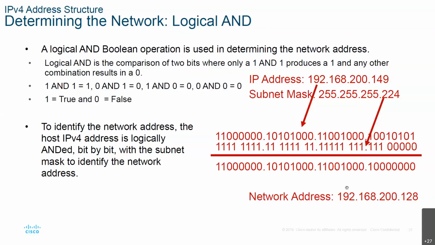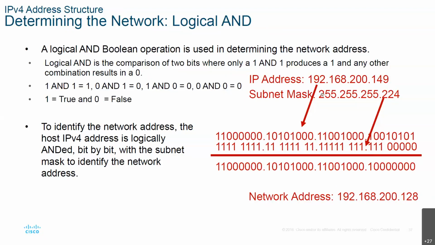Now that you have your network address, remember, can I use this IP address? No, this is my network address. However, I can append over here. For example, my first IP address will be 129. First of all, how many IP addresses can I have in this network?